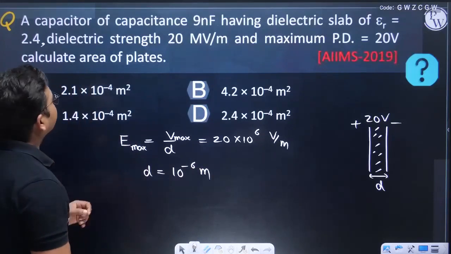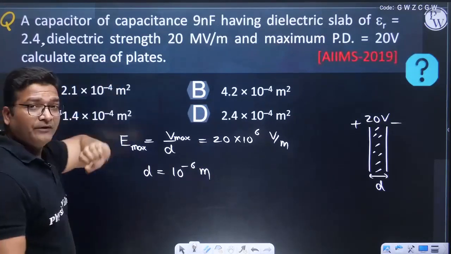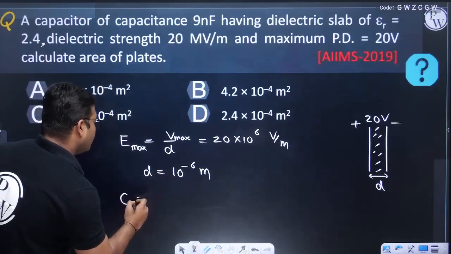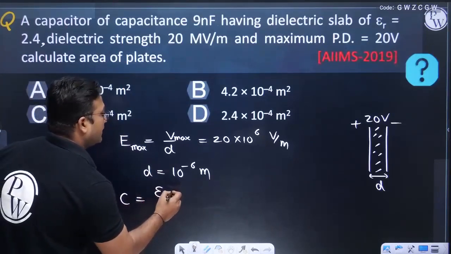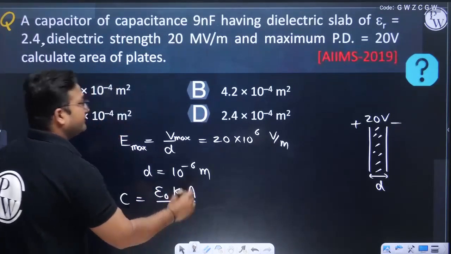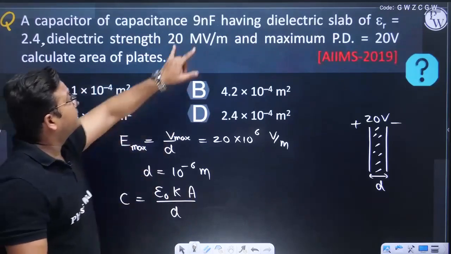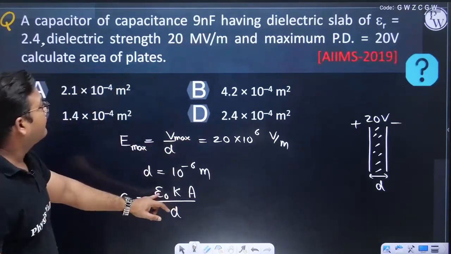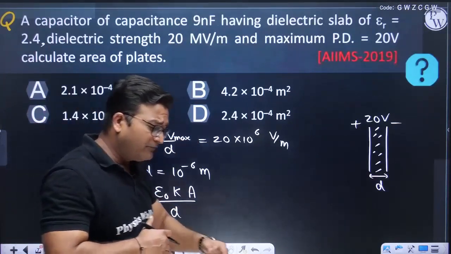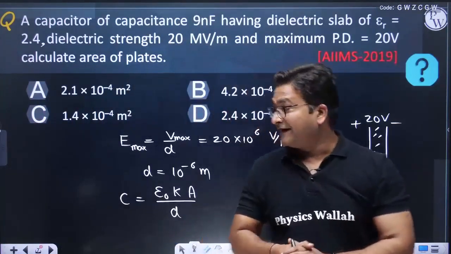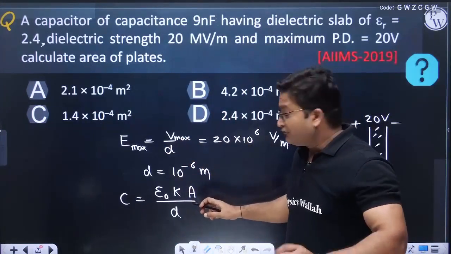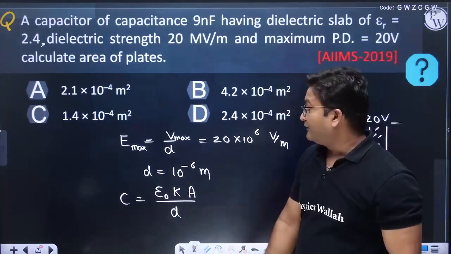Now they are asking us what is the area of the plates. You know D, and you know the capacitance is equal to epsilon naught K times area divided by D. Let us see what we know. We know the capacitance, 9 nanofarad. We always remember the value of epsilon naught as 8.85 multiplied by 10 to the power minus 12 in SI units. We know K is 2.4. Area we have to find, and D we have calculated.